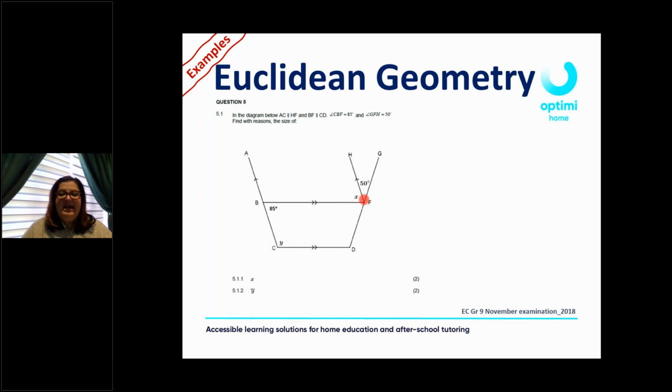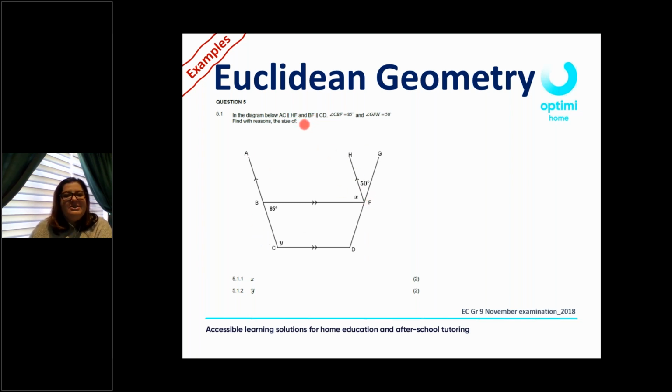So all of those angles actually go hand in hand with parallel lines. So all of those theories you can actually use to answer your questions just by them giving you this tip that AC is parallel to HF.